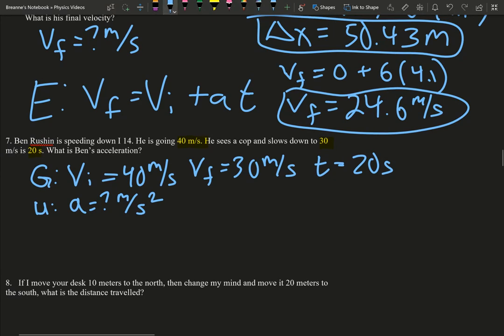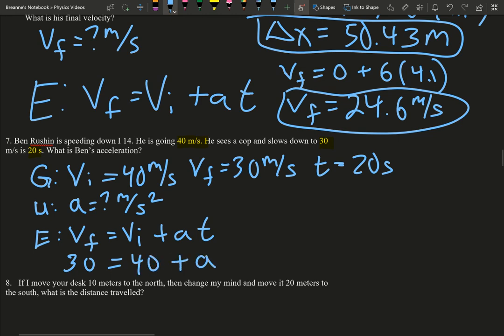So the equation, again, we're just going to use our final velocity equals our initial velocity plus AT. And we plug in what we got. So our final velocity is 30. Our initial velocity is 40. Plus, we're looking for the A times 20.